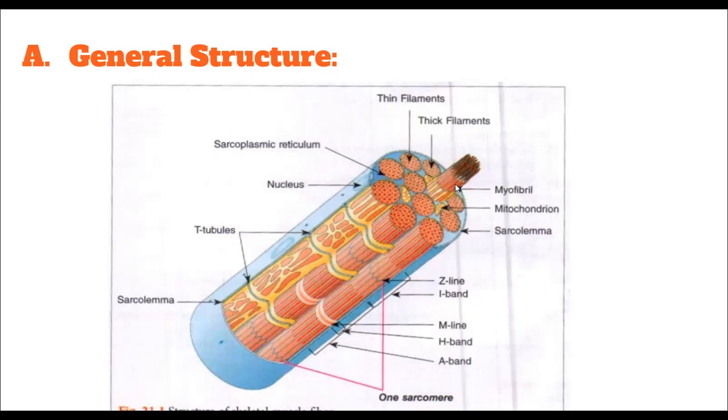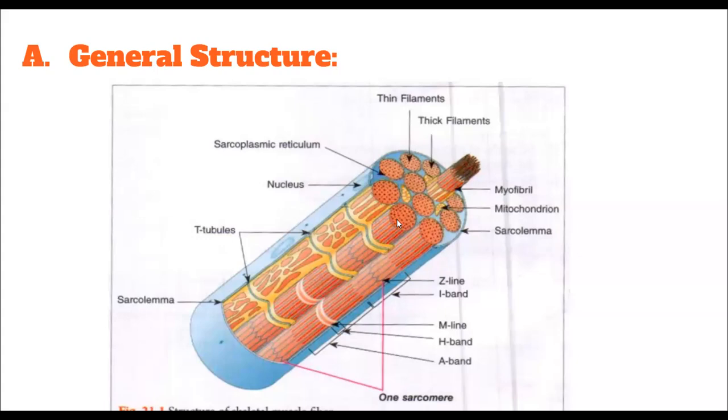These thick filaments are nothing but myosin. There are many contractile proteins, and these contractile proteins are organized in the form of a myofibril. Each myofibril contains actin and myosin, and can contain troponin and tropomyosin.